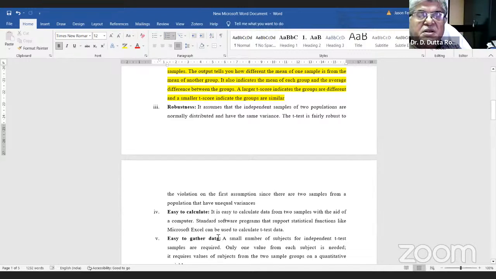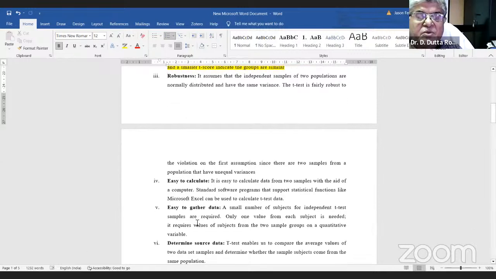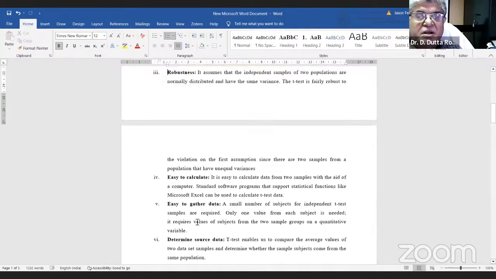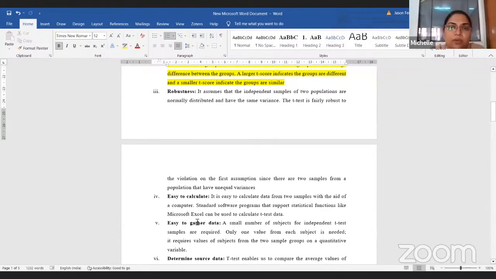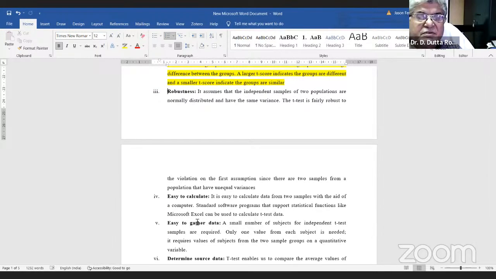You have written it assumes that the independent samples of two populations are normally distributed and have the same variance. But Welch's test can be done when the variances are unequal, no? So to what extent is this line correct?